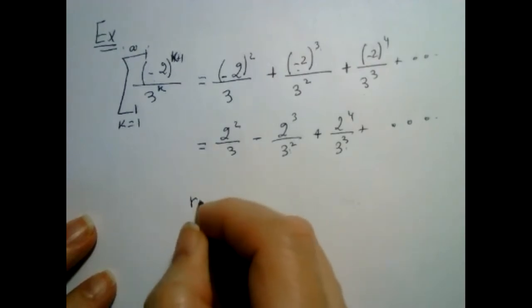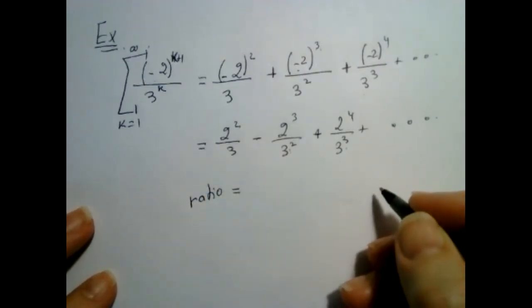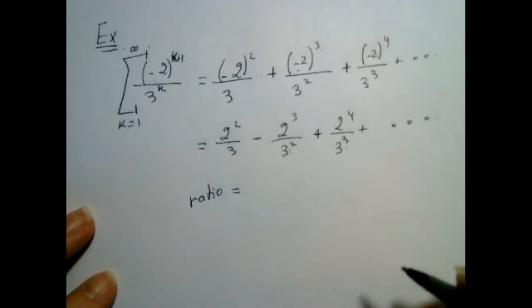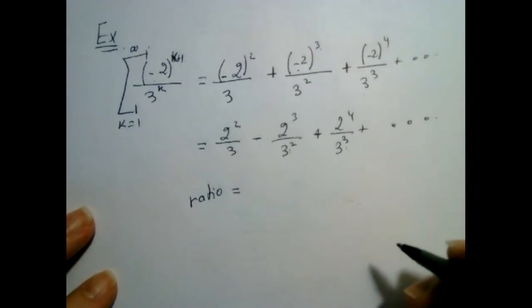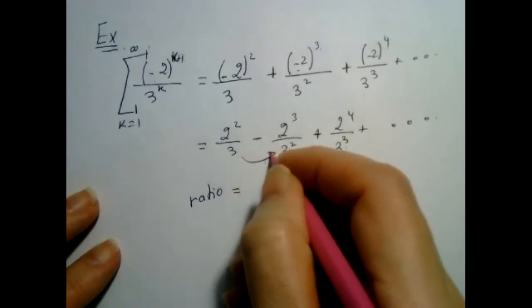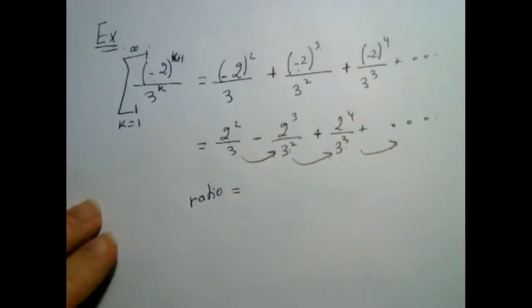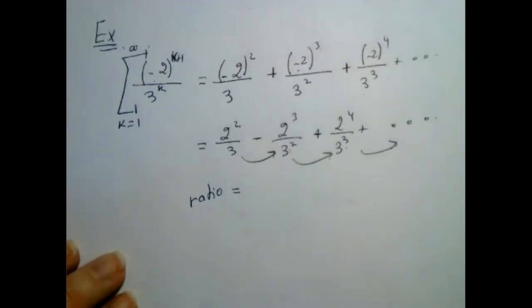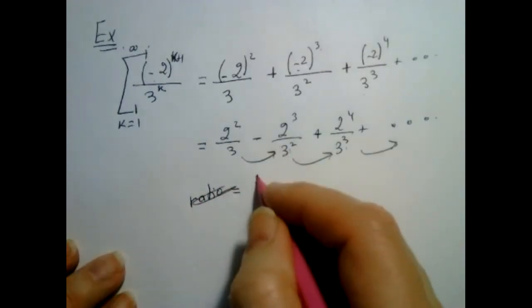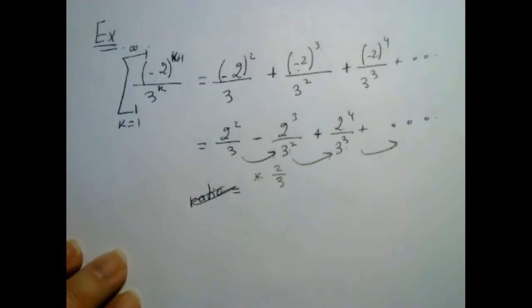What's the ratio here? Are we multiplying by a constant ratio? Is it 2 over 3?